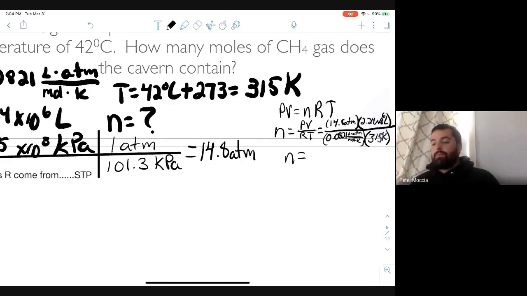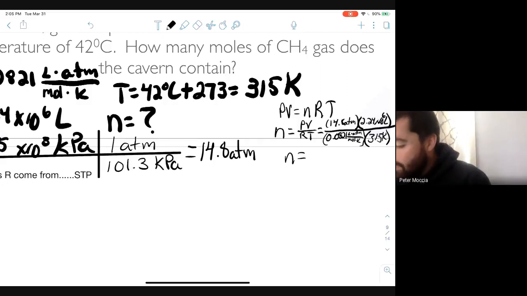And we're going to end up with n is equal to 14.8 times 2.24 times 10 to the 6th divided by 315 divided by 0.0821.